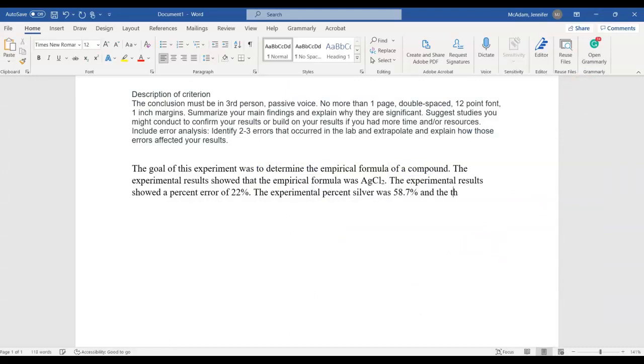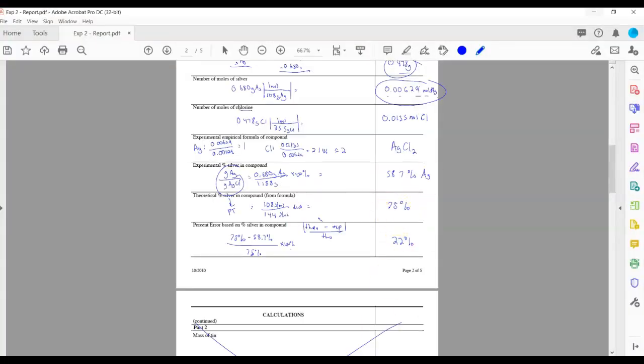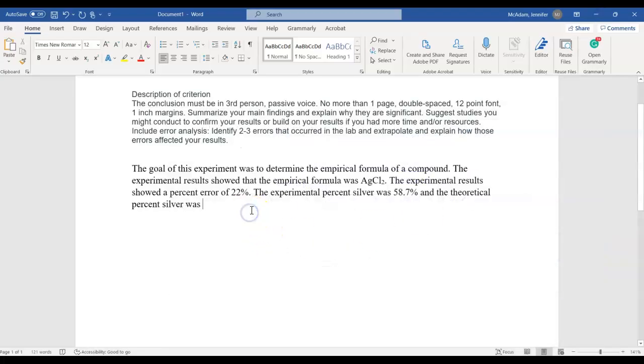And the theoretical was, spell check, my theoretical, 75%. Again, make sure you double check these sig figs, they're not correct.